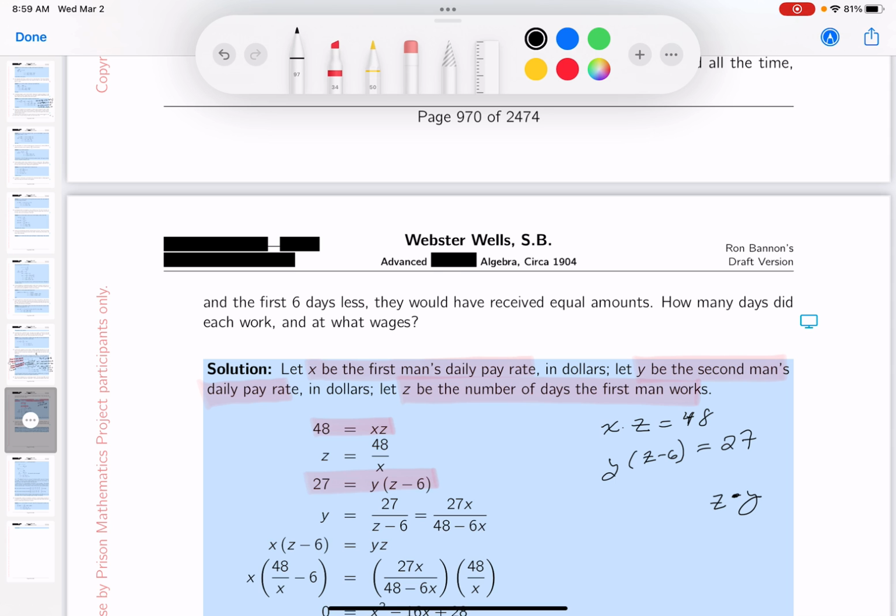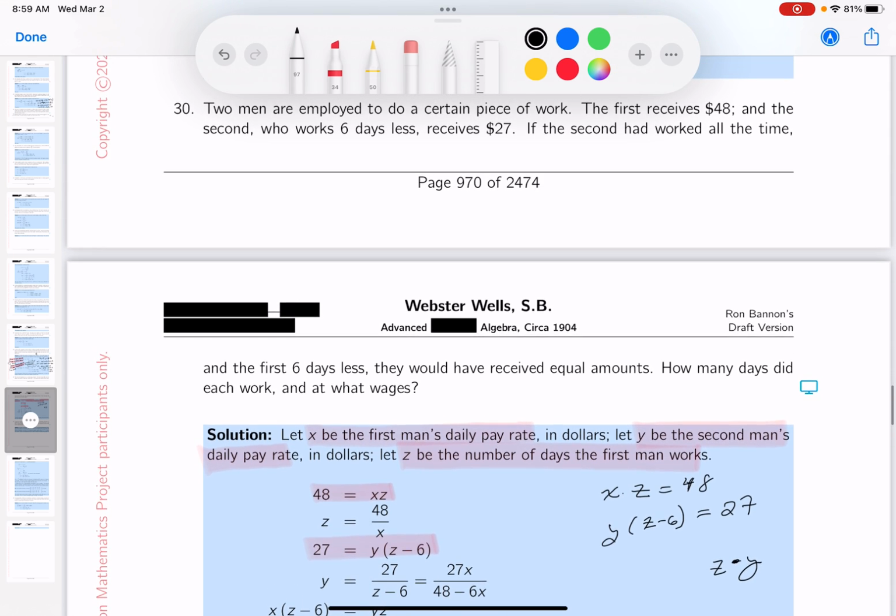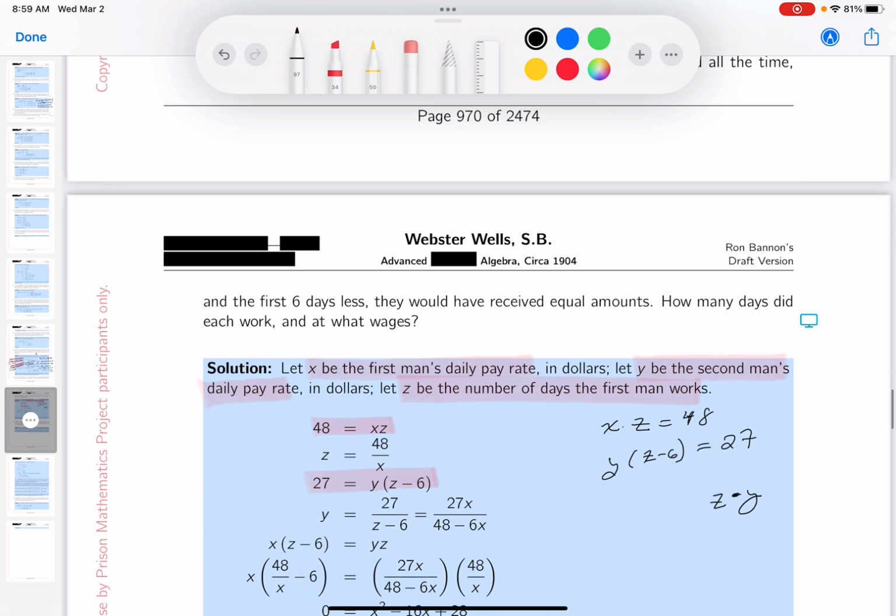If the second guy had worked all the time, go back and read that. The second had worked all the time, and the first 6 days less. Well, if the first worked 6 days less, that would have been Z minus 6. What's his daily rate? X.